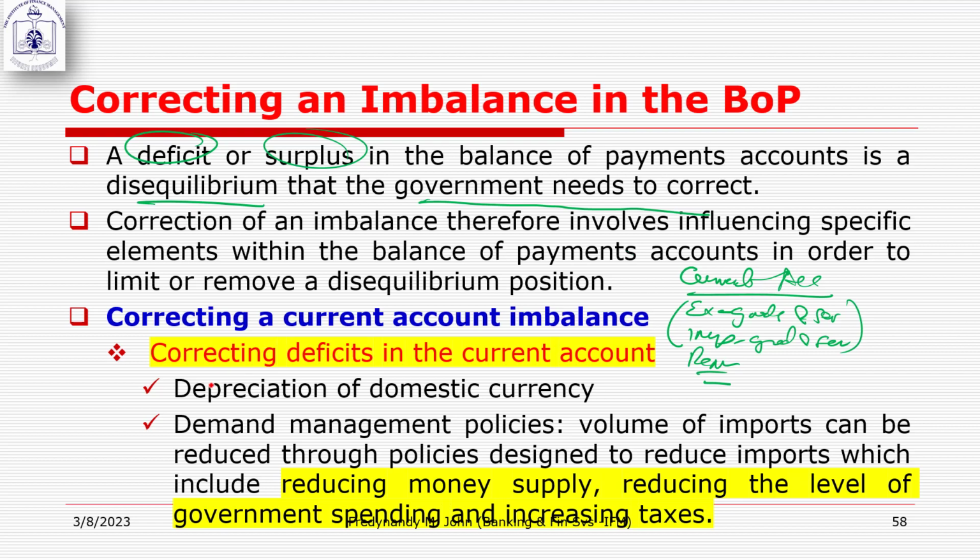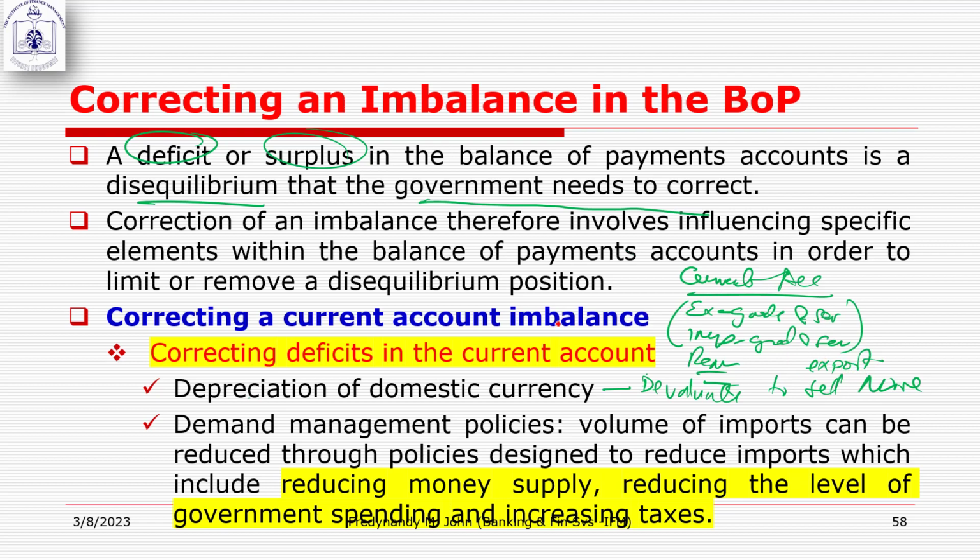Now, by devaluating the domestic currency, what's going to happen? The price of exports will be affordable to residents of other countries who purchase goods and services from your country. We devaluate to sell more. Simply say, we devaluate to export more.